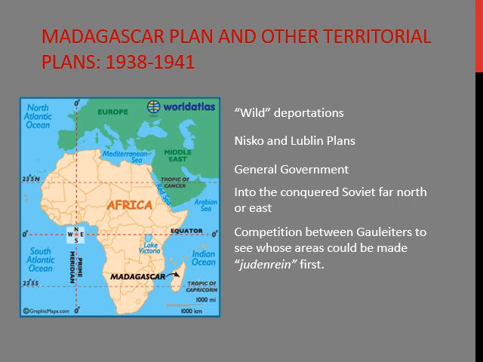And let that one sink in for just a moment. But there were attempts to deport Jews to the Nisko region and to the Lublin region. But of course, the German officials who are actually responsible for administering those regions bitterly complain that they can't handle all these Jewish people being dumped on them.